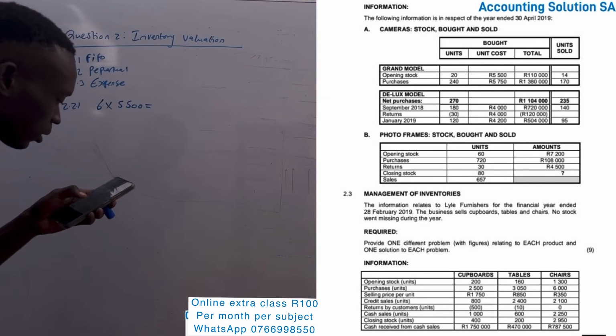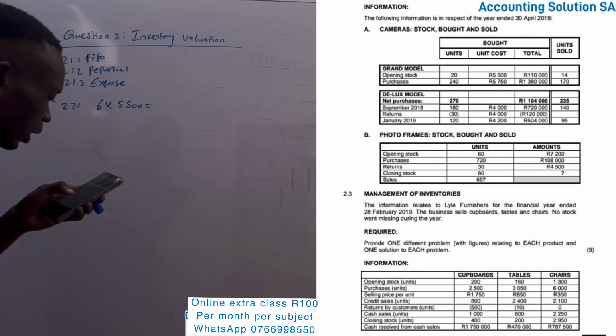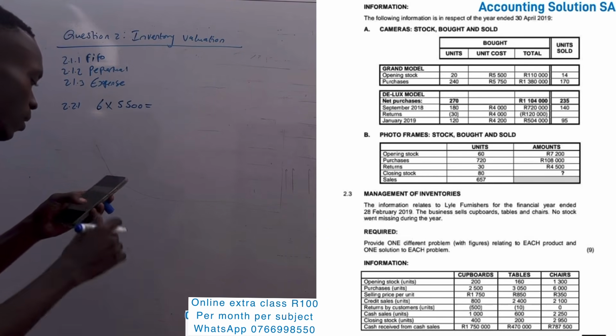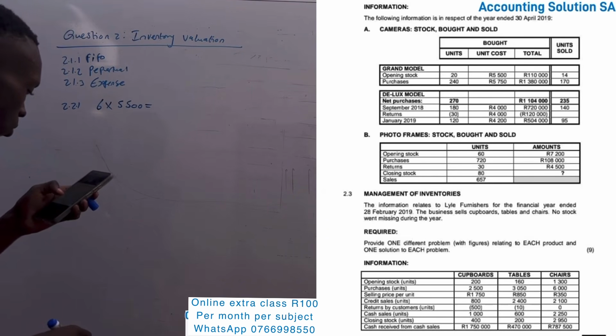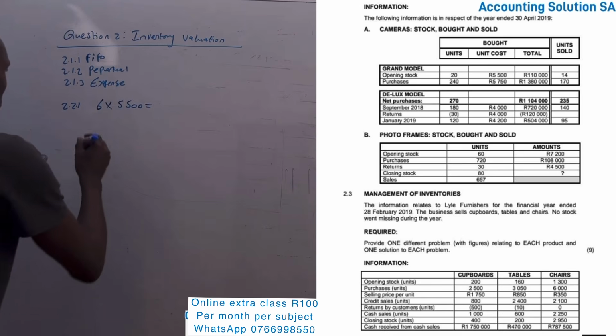Now let's check the second purchase. The second purchase, it was 240, and they sold 170. You just have to take 240 minus 170, which is going to give you 70. Let me confirm the calculation. 70.